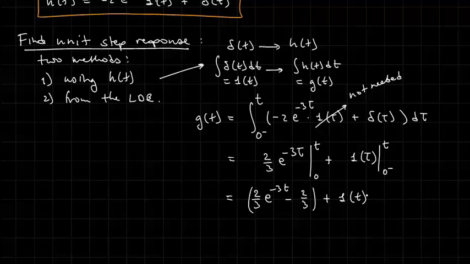I need to add a unit step here to be clear, because the first term is not defined. It's going to be 0 for time less than 0. And the second term has the unit step 1 of t minus 0.